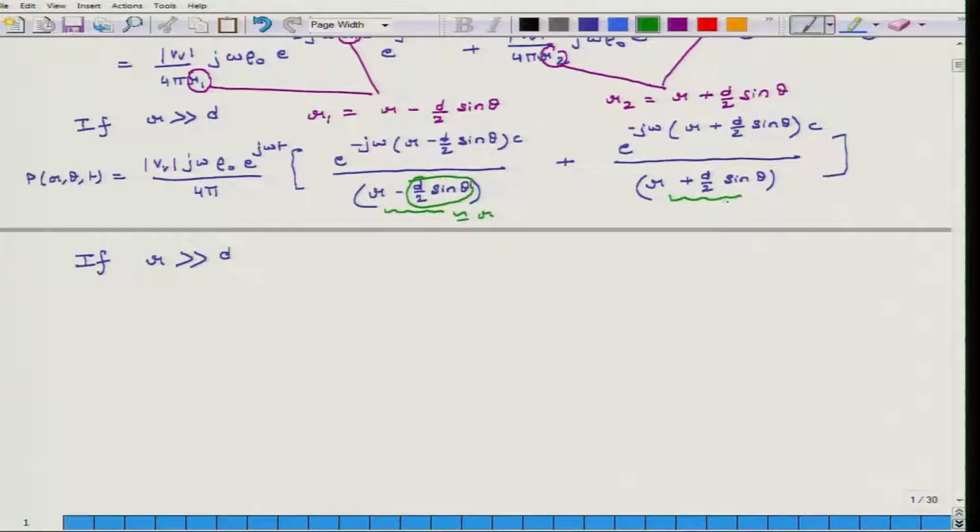Similarly, this term in the denominator can be approximated as r. Okay. So, I am going to rewrite my expression P(r, theta, t) is equal to Vv j omega rho naught e to the power of j omega t divided by r.